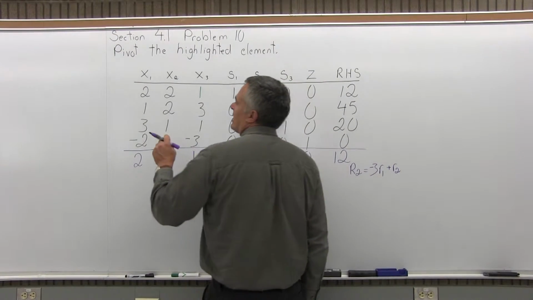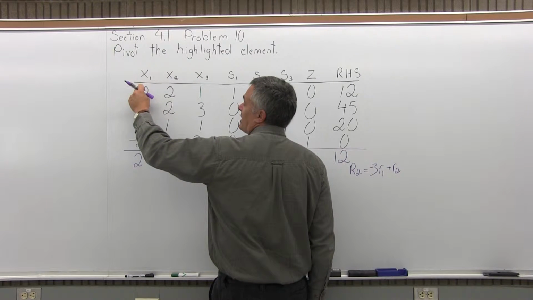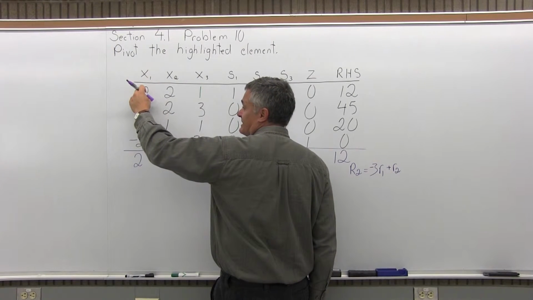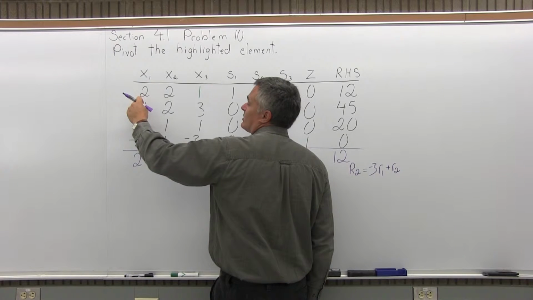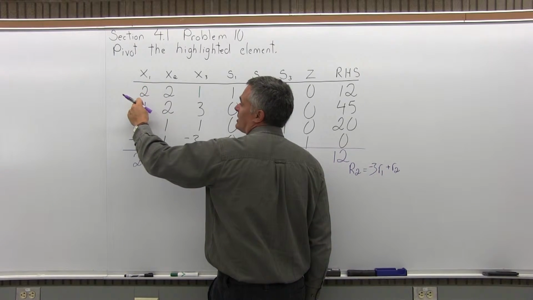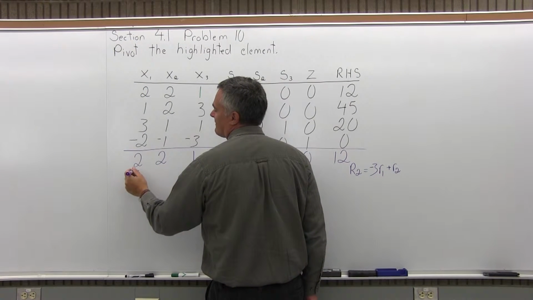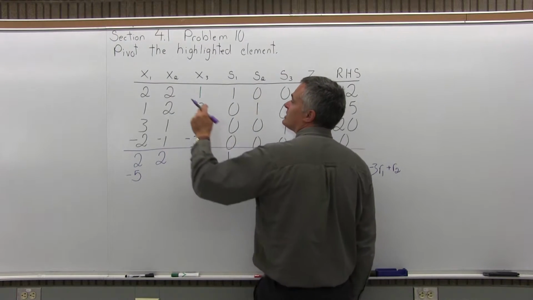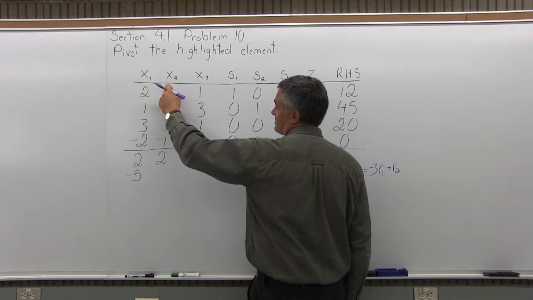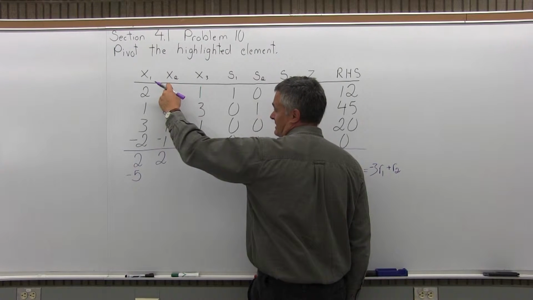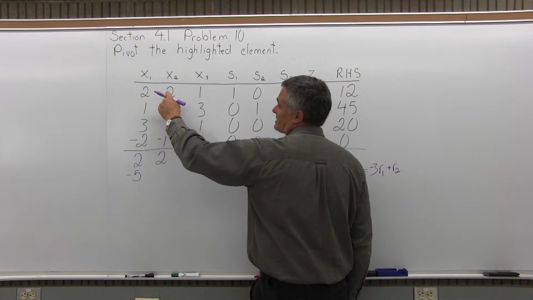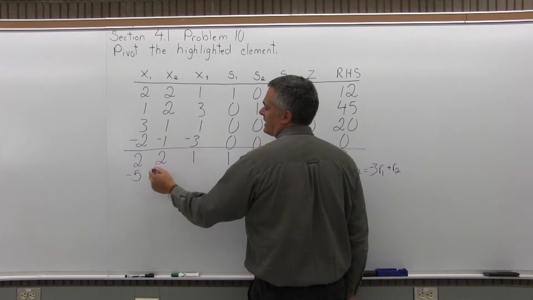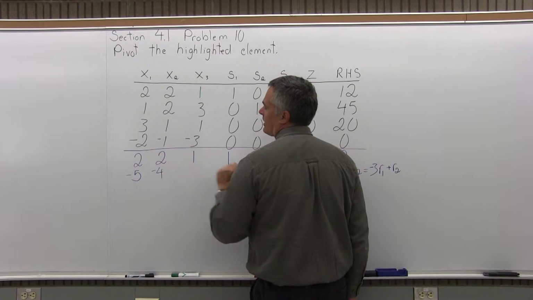In the first position, -3 times row 1 is -3 times 2, that's -6. I add that to row 2, so -6 plus 1 is -5. Next, -3 times 2 again is another -6, plus 2 is -4.